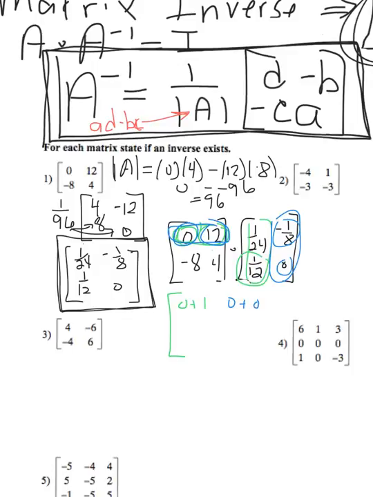Okay, now I'm going to go these times these. Negative 8 times 1/24, plus 4 times 1/12. Okay, let's see here. If I take this fraction right here and double it, we'll have a common denominator.